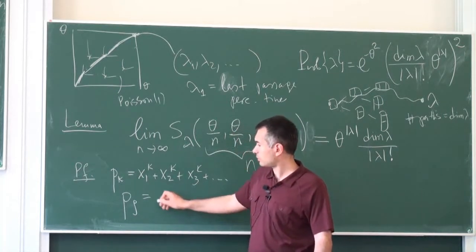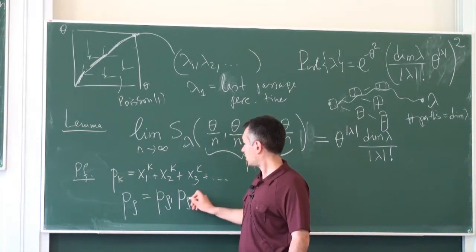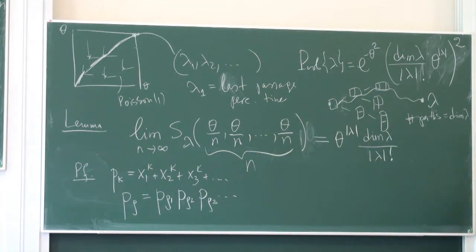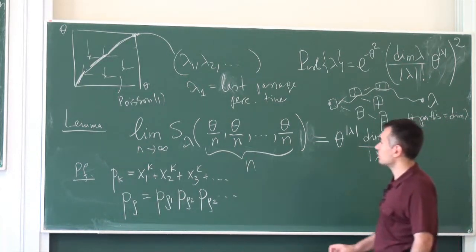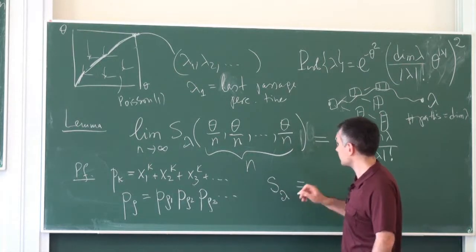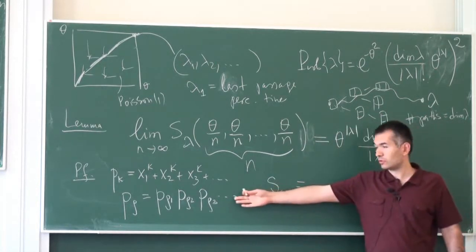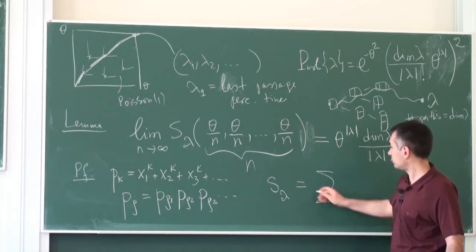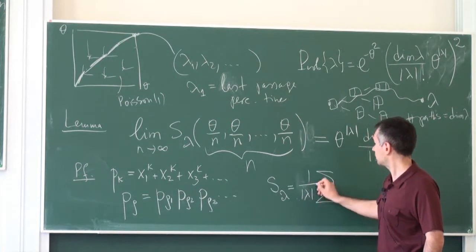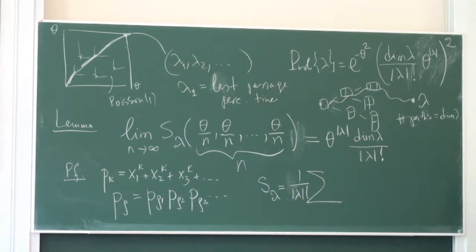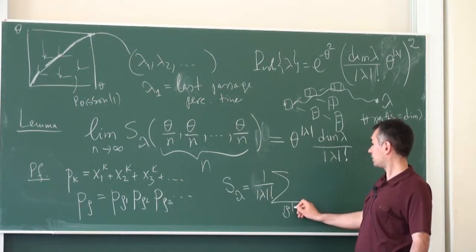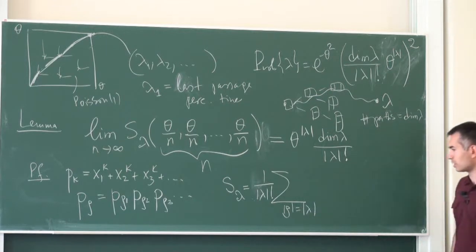And then to any partition, I can associate another symmetric polynomial, which is just the product of power sums with powers corresponding to the coordinates of that partition. And then there is a formula that expresses Schur function in terms of these ones that are easier to understand. So this formula has the form 1 over the modulus of lambda factorial, the sum over all rho of the same size as lambda.